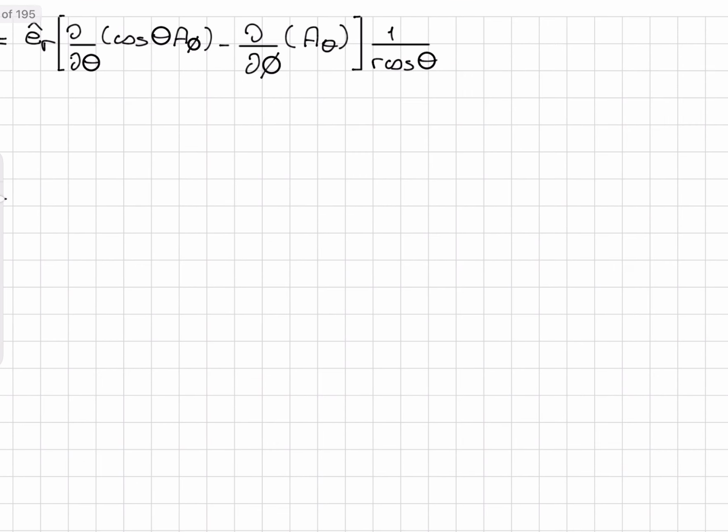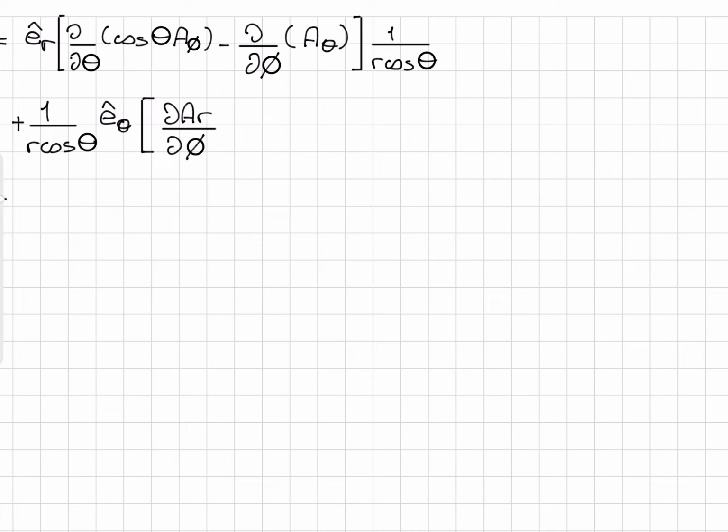For the next term, I had r e theta hat, which means I really have 1 over r cosine theta. So this is going to give me 1 over r cosine theta e theta hat. And let's work on the parentheses. Del AR del phi. This is not affected.